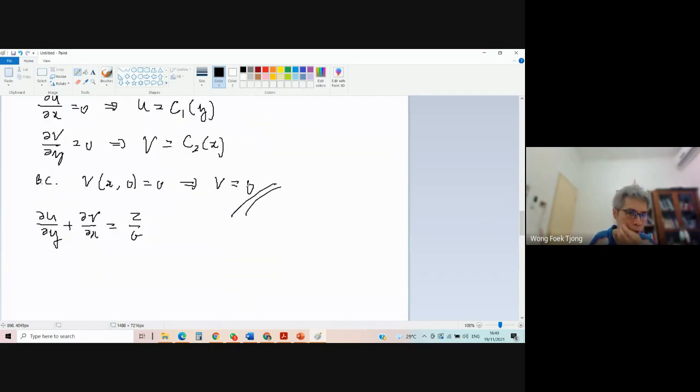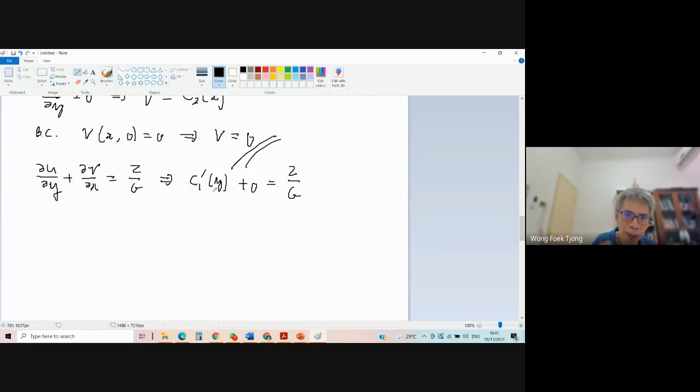But we know that v equals 0, so this must be 0, right? Because partial v with respect to x equals 0. So from here, what do we get? u is only a function of y, so it becomes u1 prime of y, the first derivative with respect to y, plus 0, equals tau over G, correct?